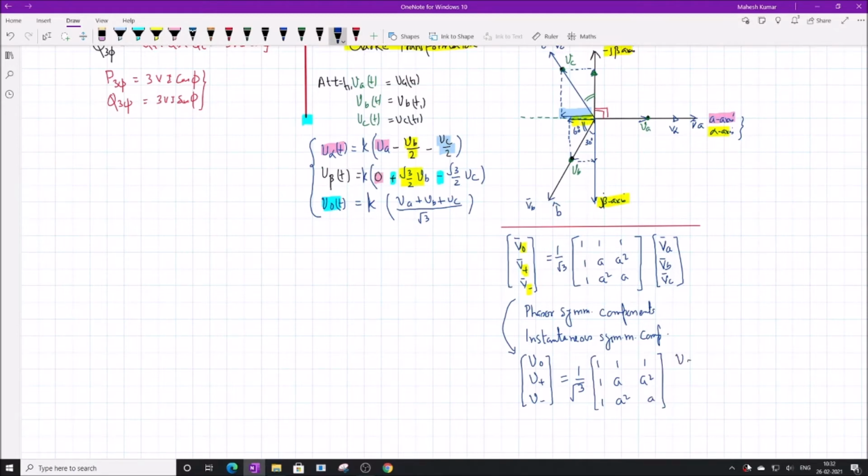This is BA, this is BB, and this is BC, because we have replaced the phasors with instantaneous quantities. Hence, this is called the instantaneous symmetrical component.